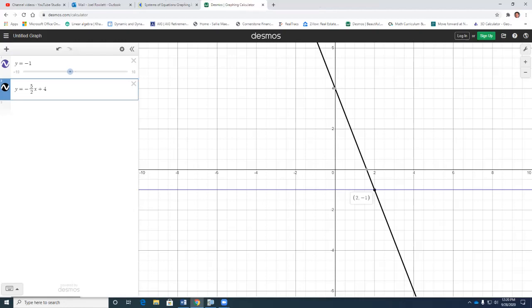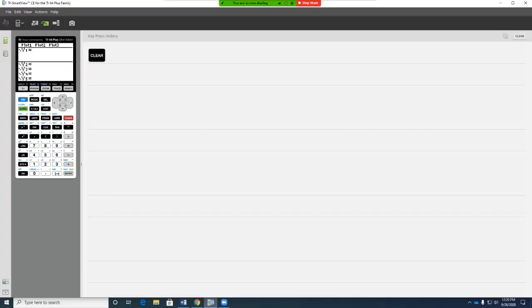Now I want to show you one more way that we can solve a system of equations, and this involves using a matrix inside of the TI-84. So let's take a switch here and do that. Okay, so here we go. If you want to do a matrix, first of all, let me write down the problem that we have, and then we'll go from there.